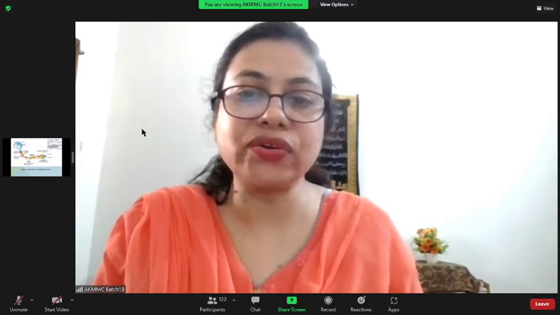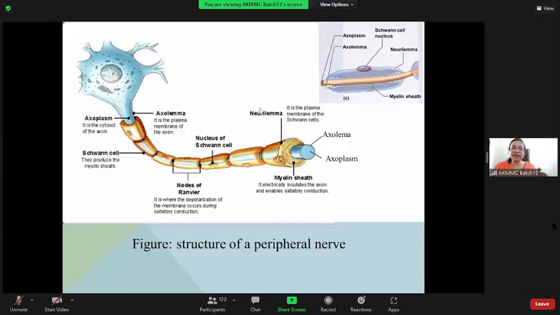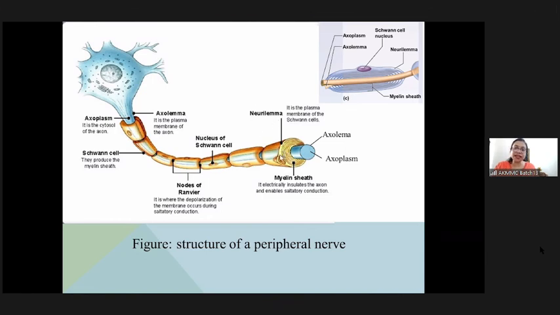The tight cover formed by the Schwann cell is the myelin sheath. But this loose cover, which contains the cytoplasm and the nucleus, this covering around the axon, is known as neurolemma. Why neurolemma? Because this part contains the cytoplasm and also the nucleus of the Schwann cell.